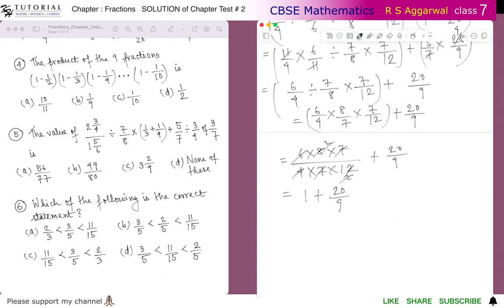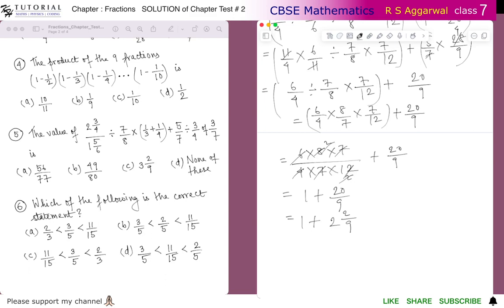Okay, now this can be written as, 20 by 9 is an improper fraction. We can convert it into a mixed fraction, 2 2 by 9. I've converted 20 by 9, an improper fraction, to a mixed fraction.